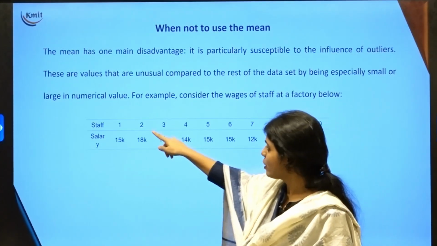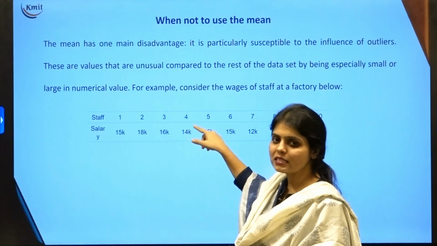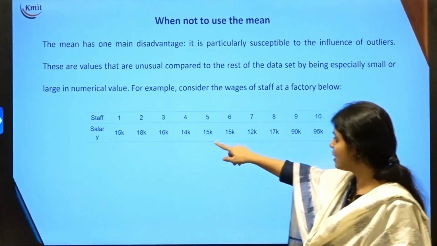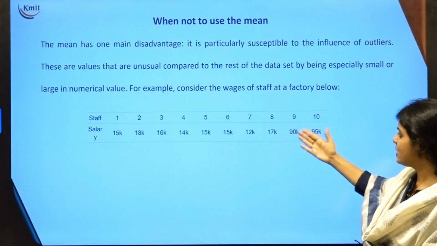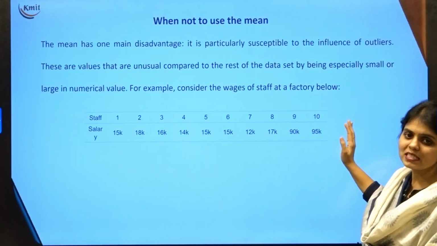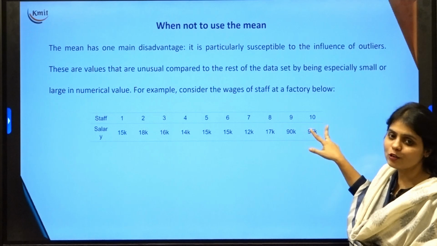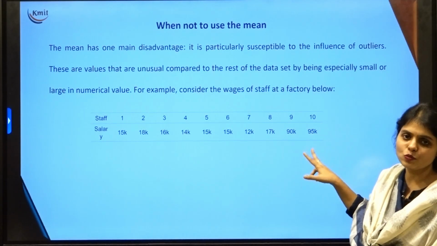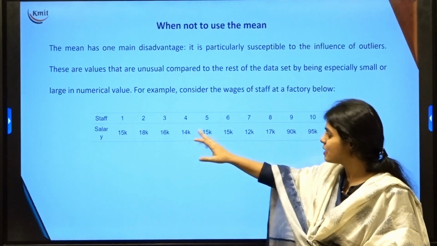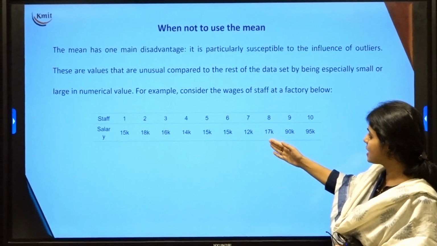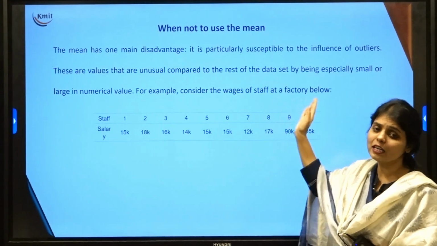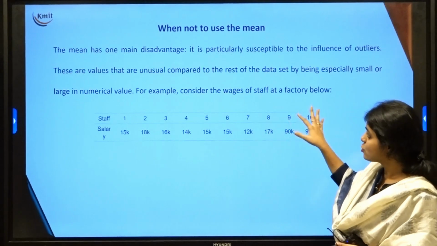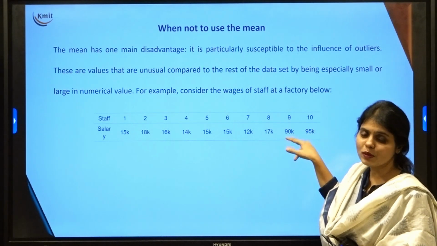The salaries are 15k, 18, 16, 14, 15, 15, 12, 17, 90 and 95. Out of these 10 values, the last two values are considered to be outliers. Why? Because all the others lie in the range from 12 to 18k, whereas these two values are nowhere related to them, they are totally different. So these values are considered to be outliers.